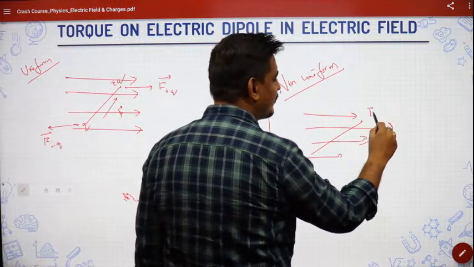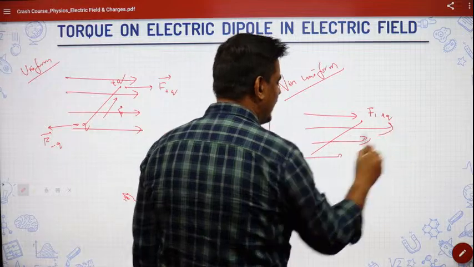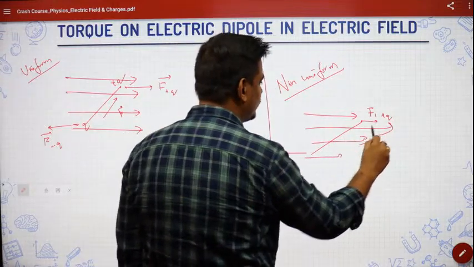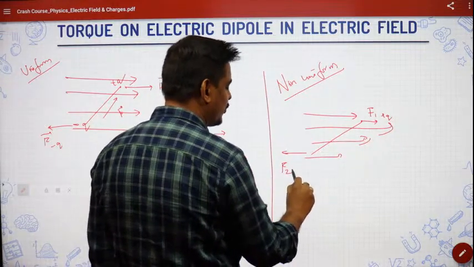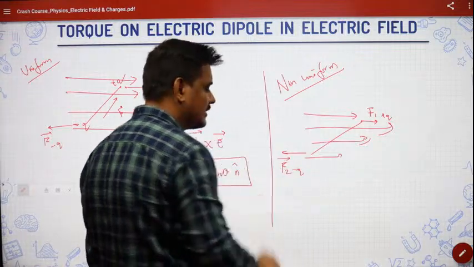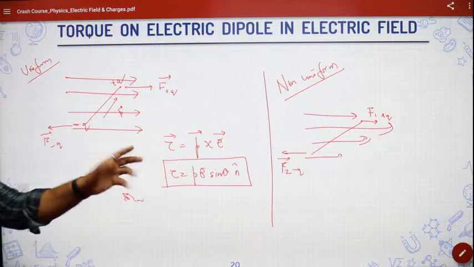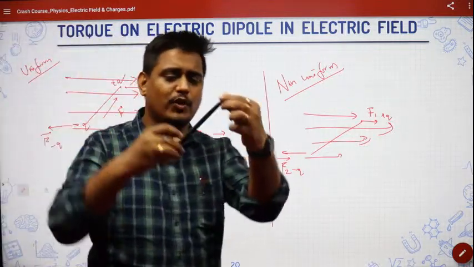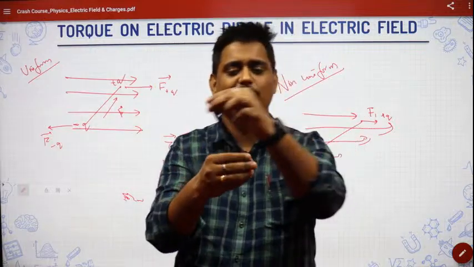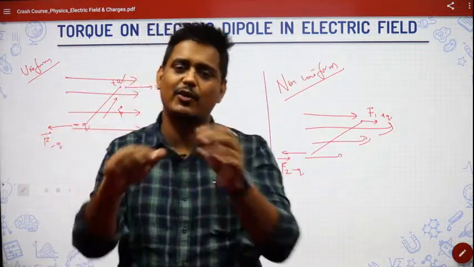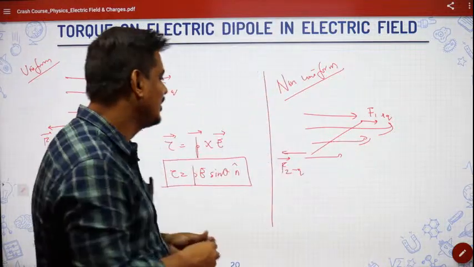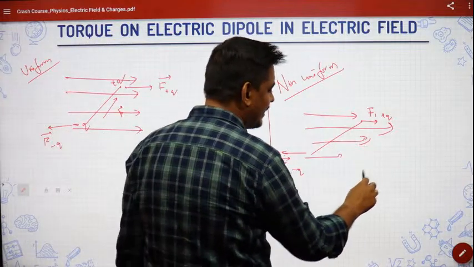Here I will have F1 for plus q and F2 for minus q. So I have unequal forces acting in opposite directions. Definitely it will not only rotate but also move. It will have a rotatory force and a translatory force.